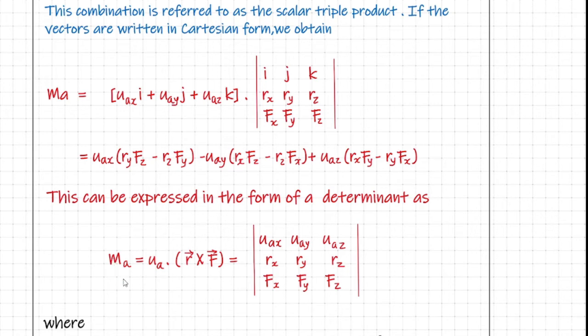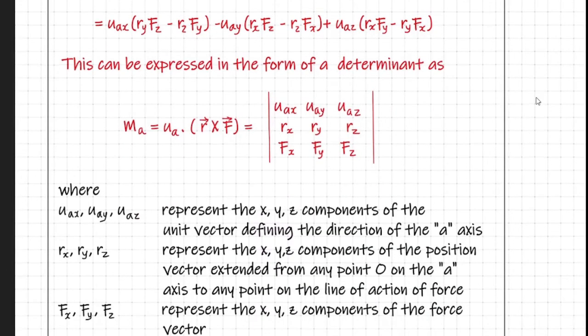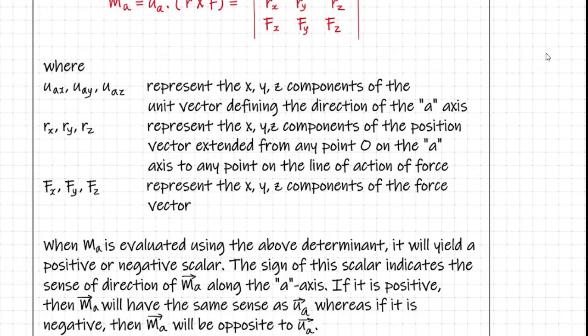Once you know the magnitude, you can also express this moment in vector Cartesian format as vector M_A equal to its magnitude M_A into U_A.